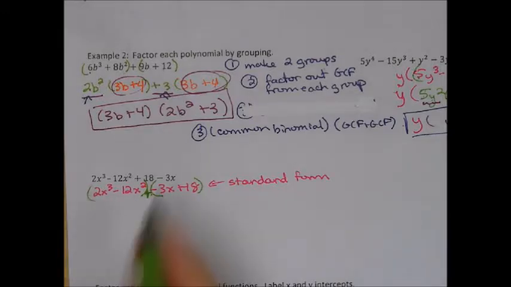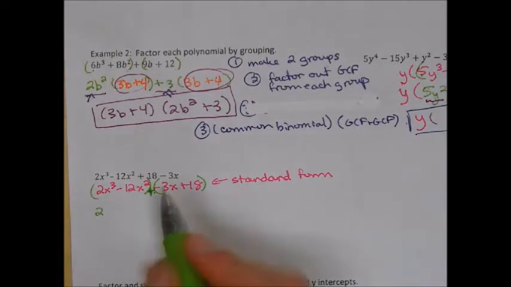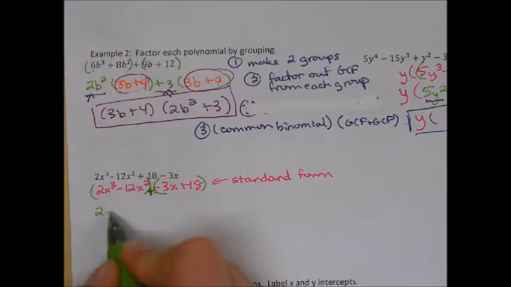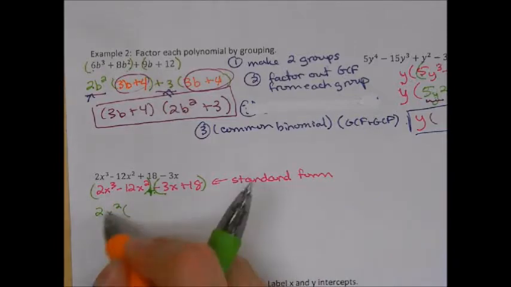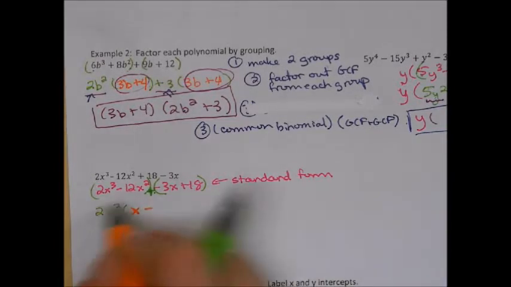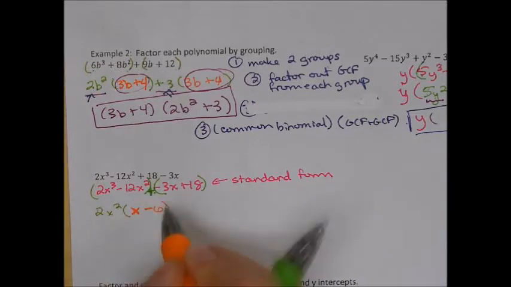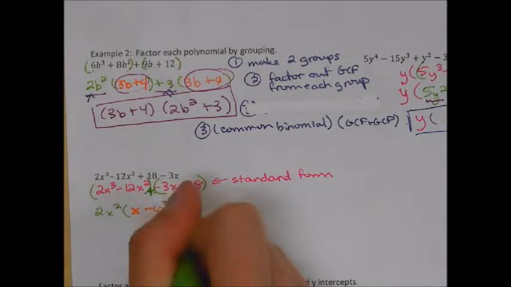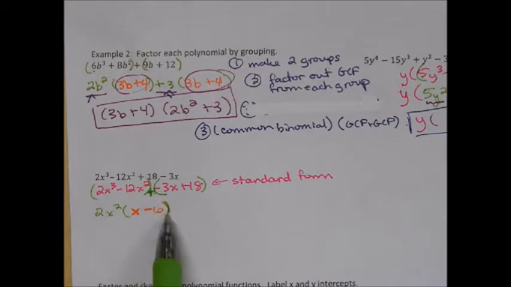Here, 2 and 12, my GCF is 2. And then I have x squared times, I'm going to need an x minus 2 times 6. And then x squared and x squared, so I don't need any x's there.